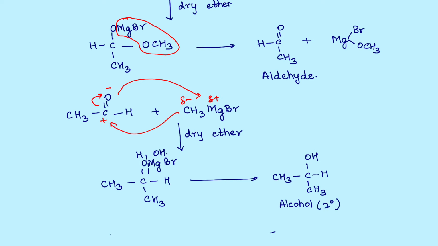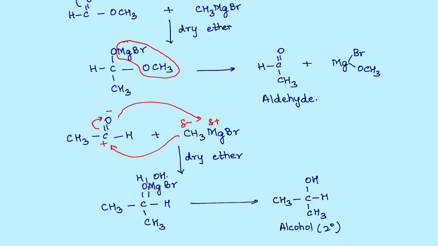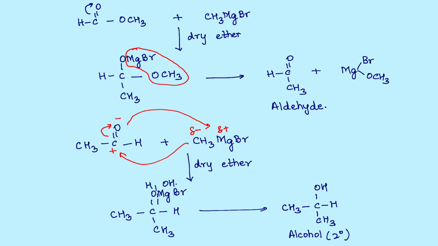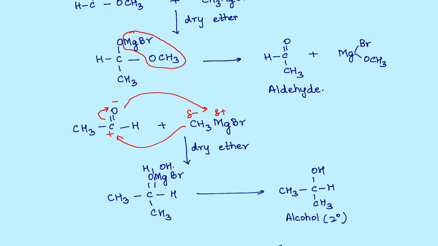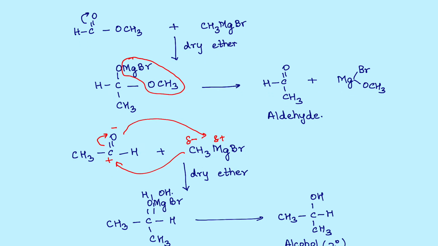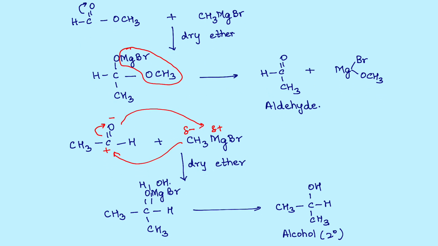Now supposing I want to prepare a primary alcohol, do you think that is possible? Is there any way that I can have a primary alcohol using esters? Primary means that instead of this CH3, I will need a hydrogen. Do you think that is possible?